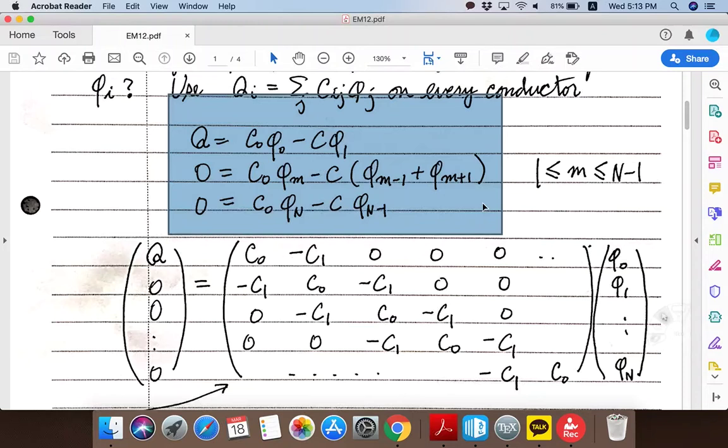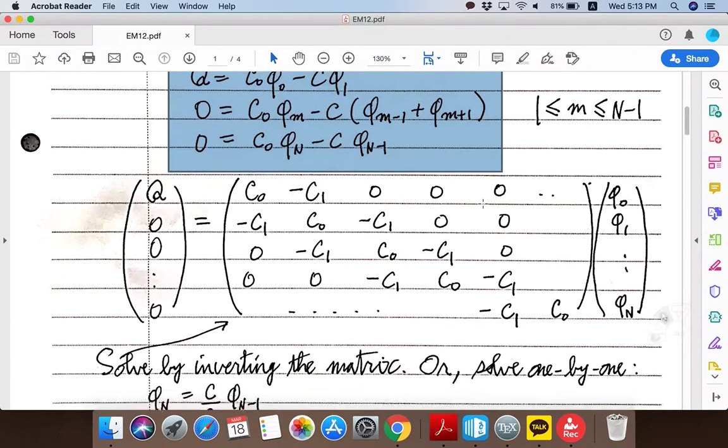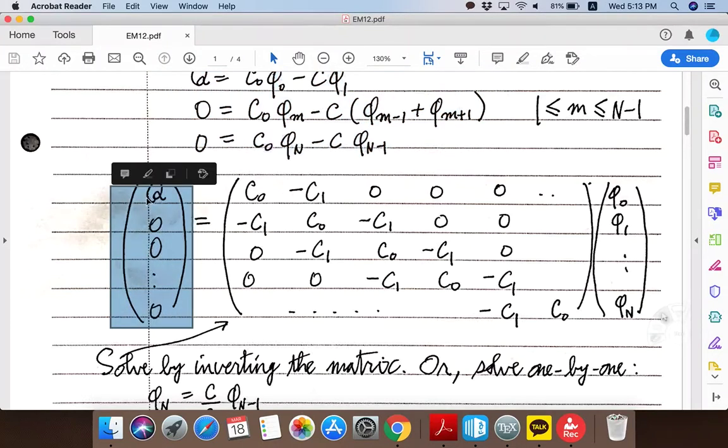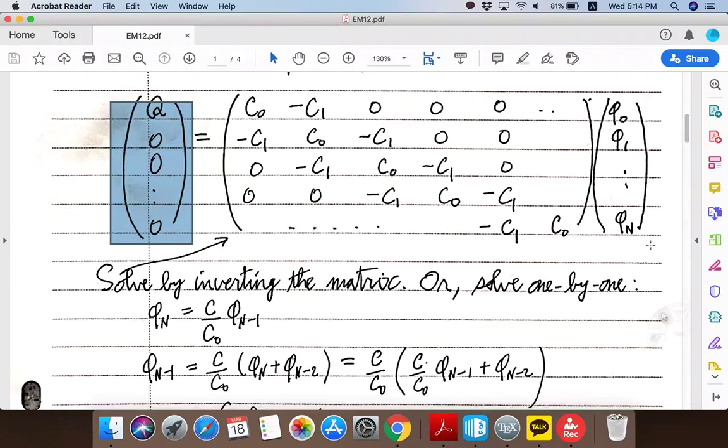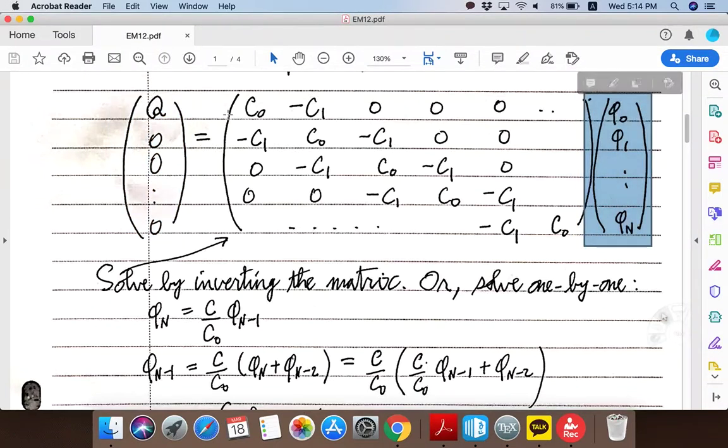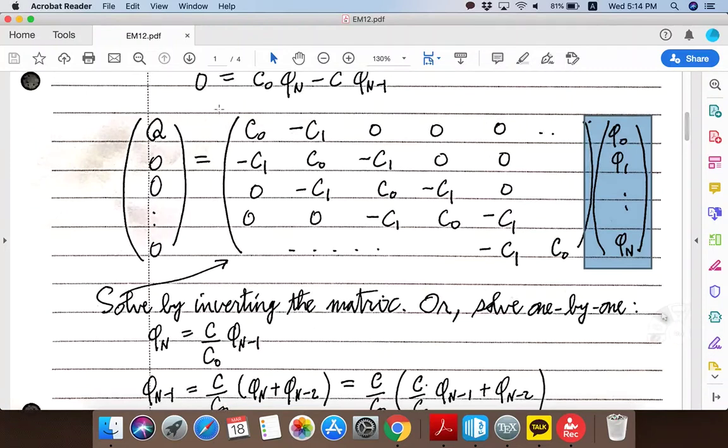Actually, this system of equations can be cast as a matrix equation. So we have this column vector corresponding to the charge on all the conductors, and we have another column vector corresponding to the potential on all the conductors. And this matrix is basically the capacitance matrix.